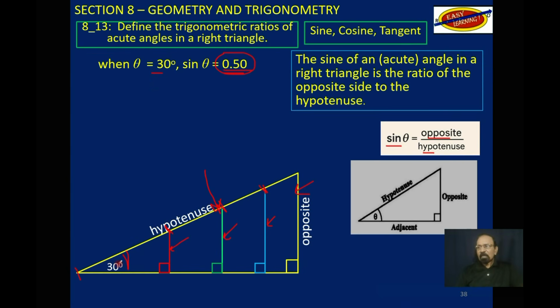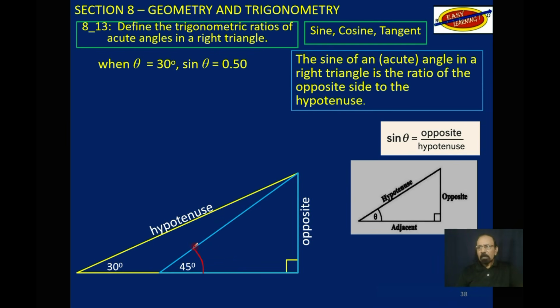So when you find the sine of 30 degrees and you get 0.5 for a right triangle, that means that the opposite is 0.5 of whatever the hypotenuse is. So let's take this blue triangle here now. Notice this angle is bigger than that 30. This opposite is the same, but now the hypotenuse is smaller than that yellow one up there.